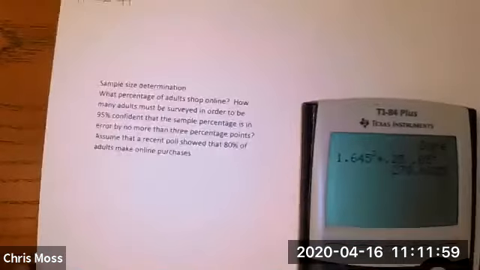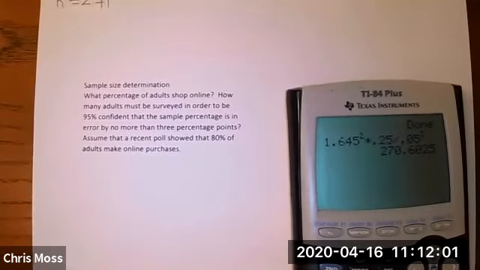Another example. What percentage of adults shop online, and how many adults must be surveyed in order to be 95% confident that the sample percentage is in error by no more than 3 percentage points? We're going to assume that a recent poll showed that 80% of adults have made a recent online purchase.